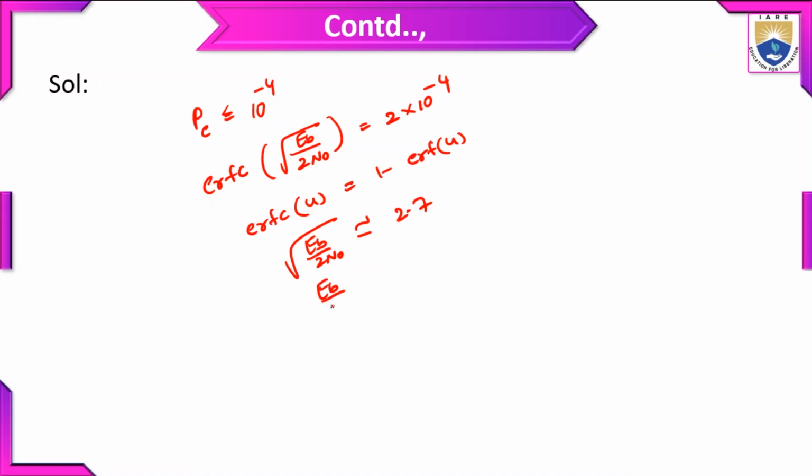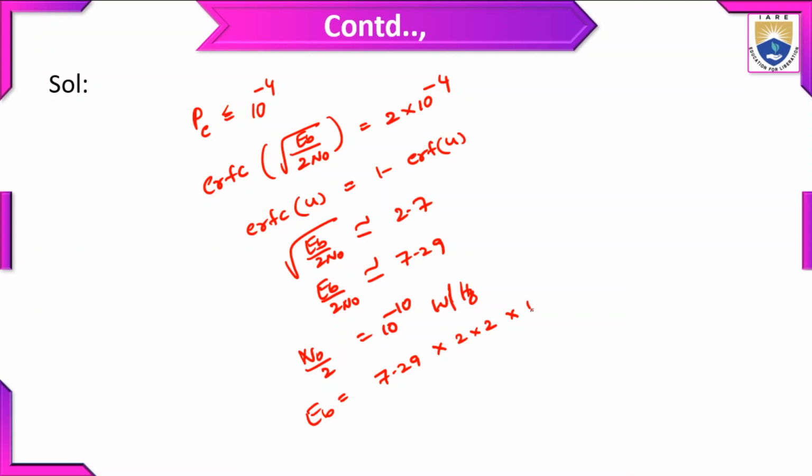So Eb by 2N0, you can send this square root to the other side, so we are going to square. It is approximately equal to 7.29. But what they have given is N0 by 2 as 10 to the power of minus 10 watts per hertz. So Eb is equal to 7.29 into 2 into 10 power minus 10.